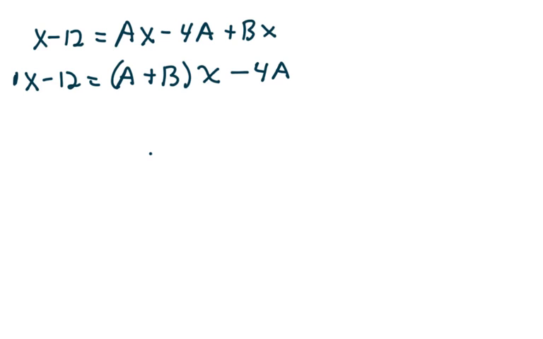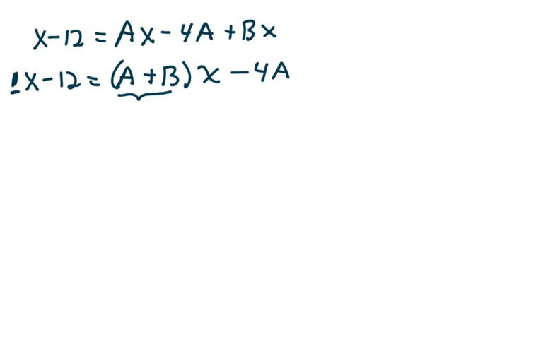Now, this allows us to set up two equations. So notice A + B is forced to be 1. Why? Because if A + B is anything other than 1, these two expressions are not equal to each other.